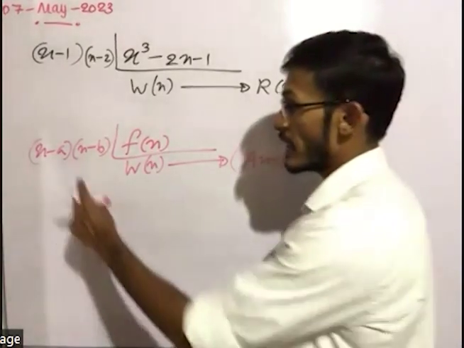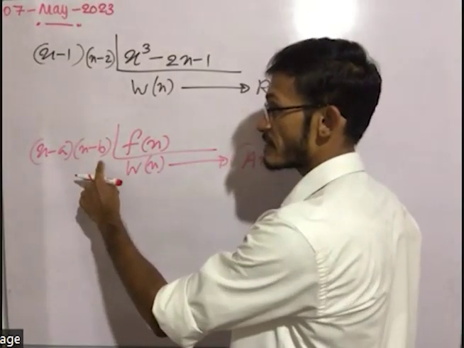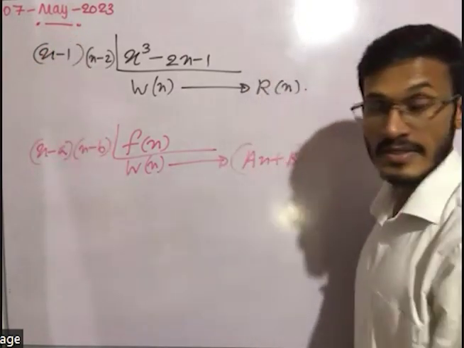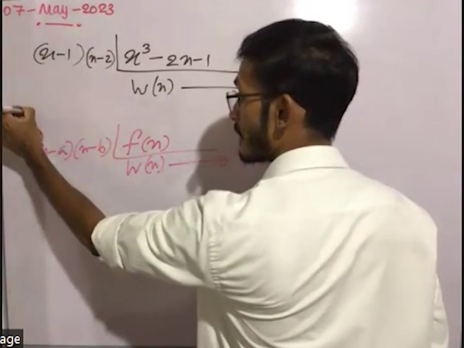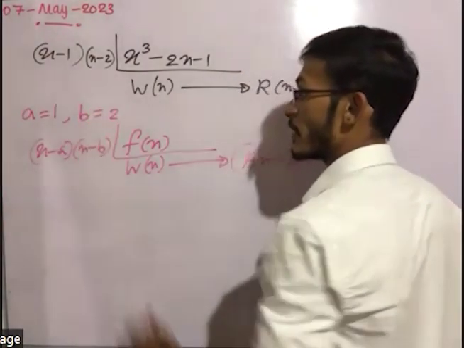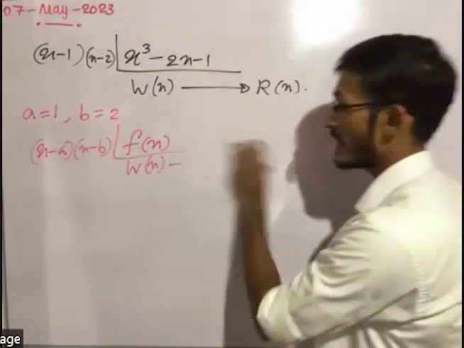Here we have x minus a and here x minus b. Here instead of simple a we have 1, and here instead of simple b we have 2. So we can write a equal to 1, b equal to 2. Now we have to find the values of fa and fb.